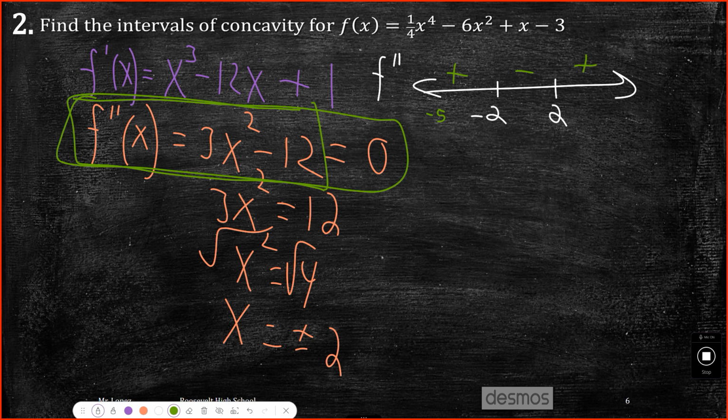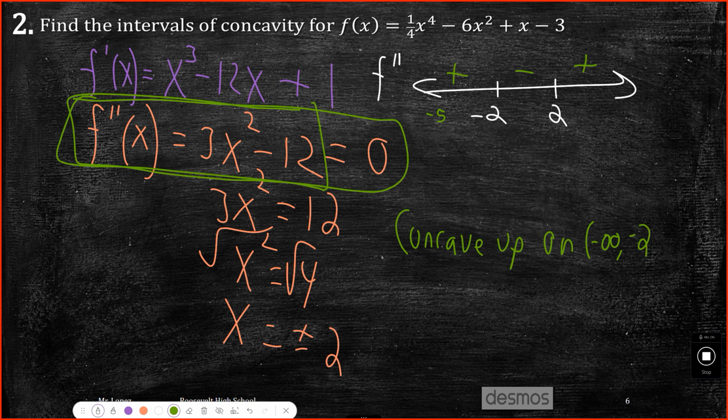When the second derivative is positive, it's concave what? Concave up. If the second derivative is positive, it's concave up, no? So that's going to be positive, so it's going to be concave up on negative infinity to negative 2.